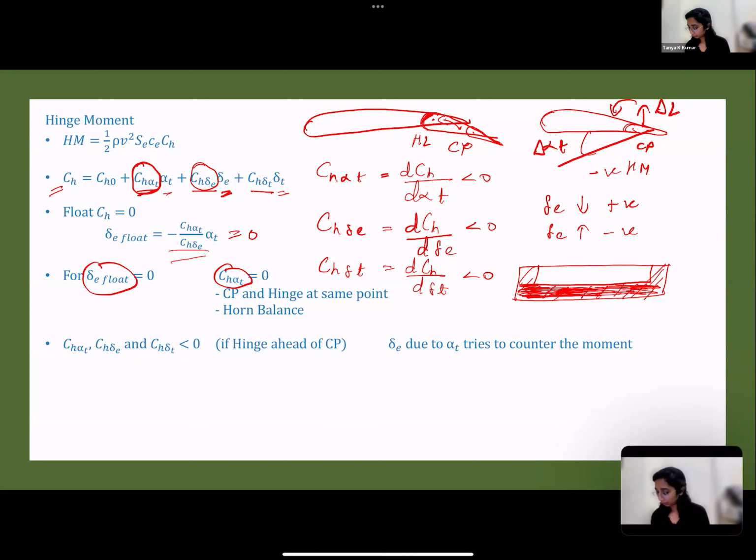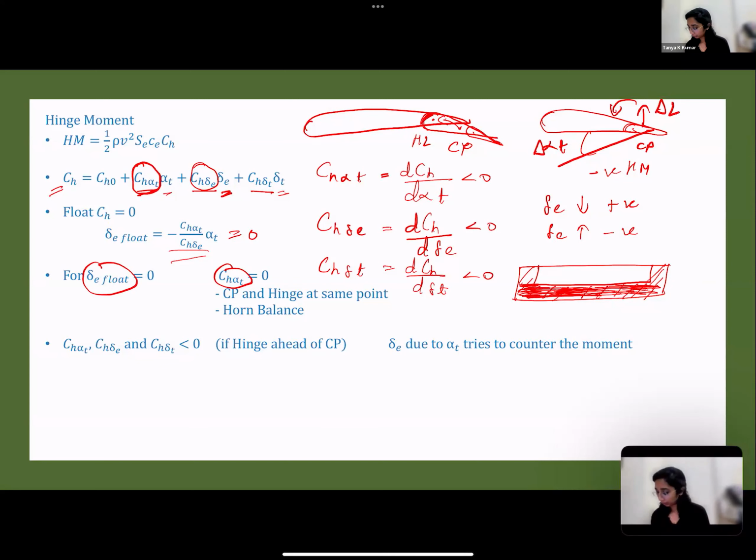How do you reduce your CL? You reduce your angle of attack, because we have the very neat relation CL is CL naught plus CL alpha into alpha. If it's at the tail, it will be the CL alpha of the tail. So to reduce the CL, you need to reduce your alpha.